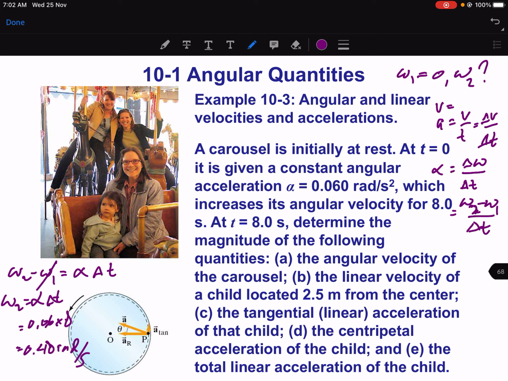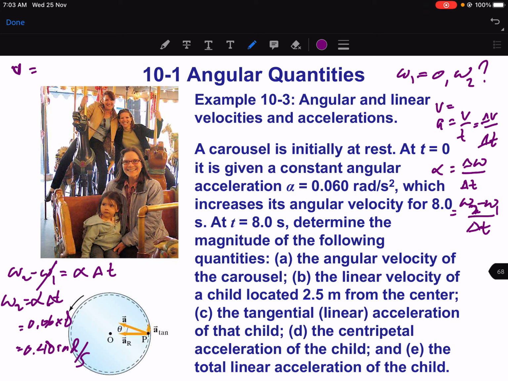For B, linear velocity of the child located 2.5 meters from the center. Linear velocity of the child is V. We already found omega.